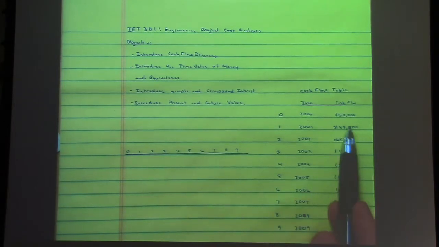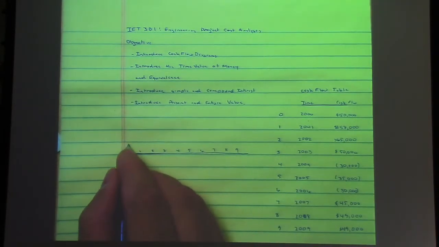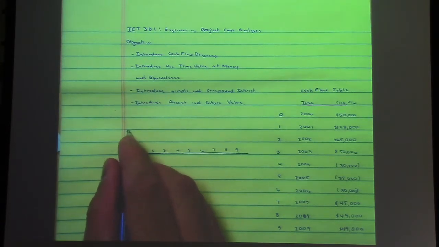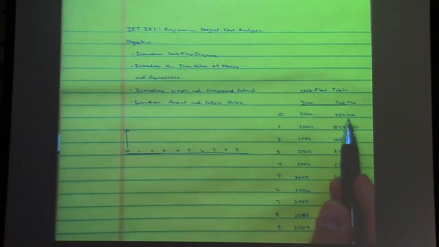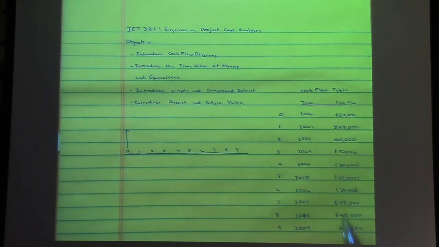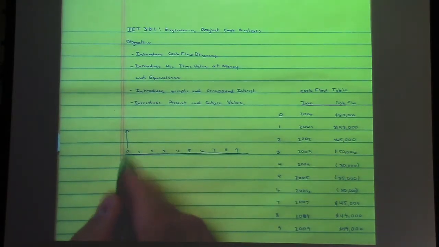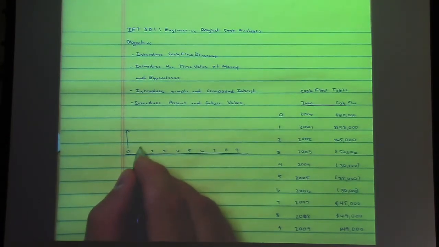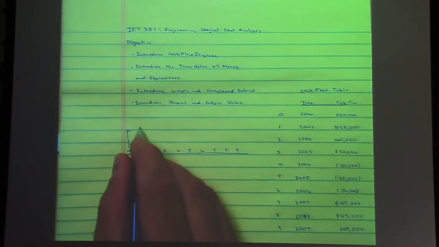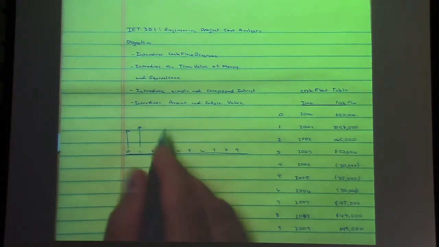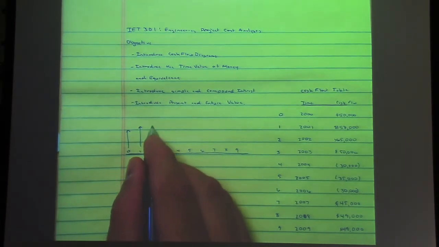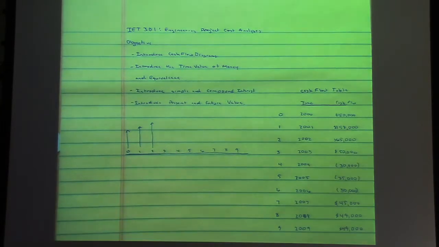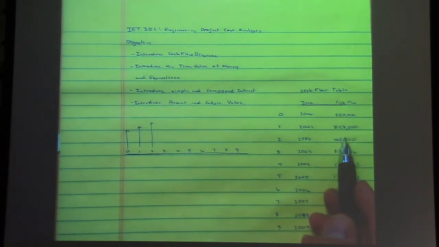And in order to represent a positive cash flow, we're going to draw an upward vector that has approximately the magnitude that's expressed by the magnitudes of the quantity. So if this represents 50,000, then we'd have a magnitude slightly greater for 58,000, and finally a magnitude slightly greater than that to represent 65,000.